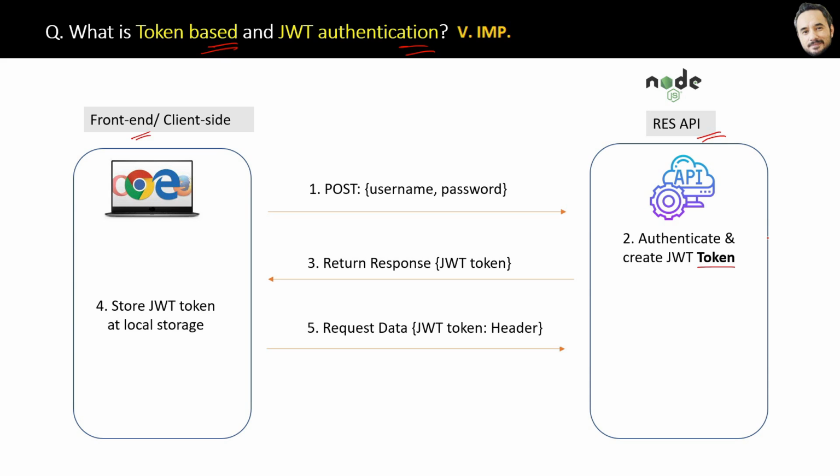So now when the API receives the token, it will check and validate the token signature with the help of some algorithm. And if the token is valid, valid means it must be the same JWT token which initially the API has sent to the client. Okay. And if it is valid, then only the API will send the data to the client.